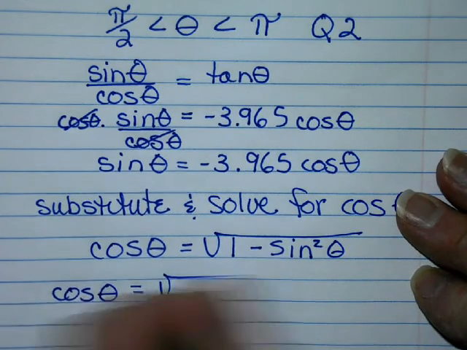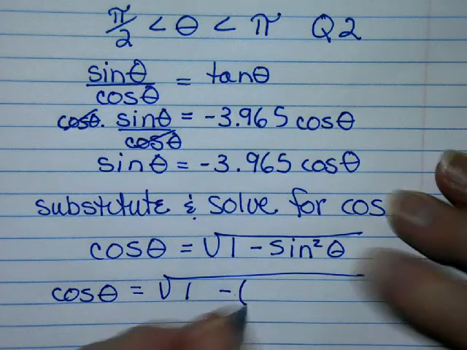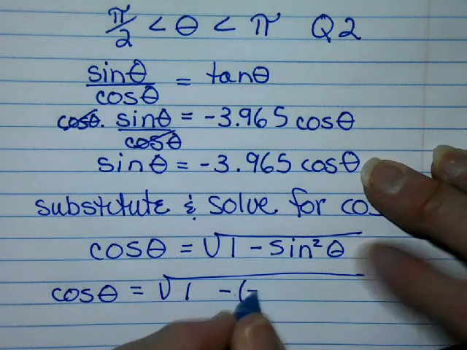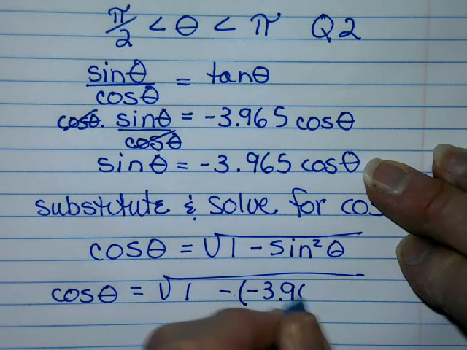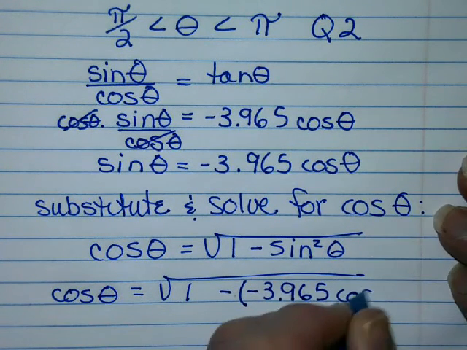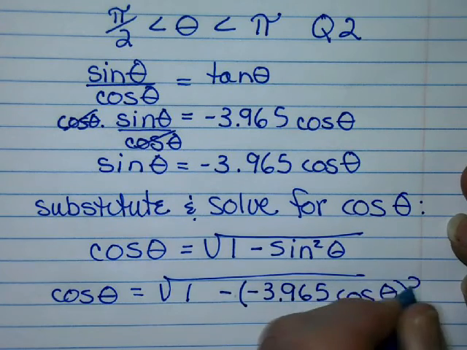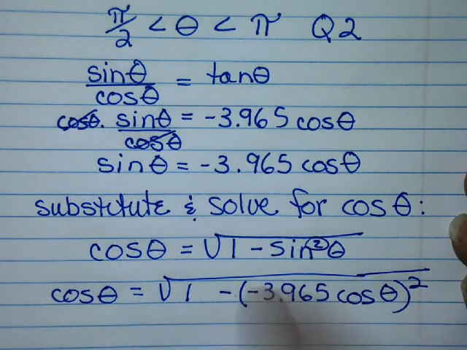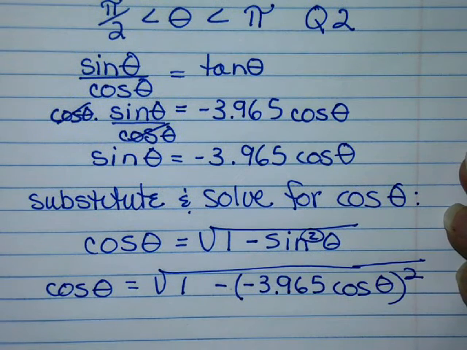So cosine theta equals the square root of 1 minus, and I put in parentheses my negative 3.965 cosine theta, and it's being squared. See that?